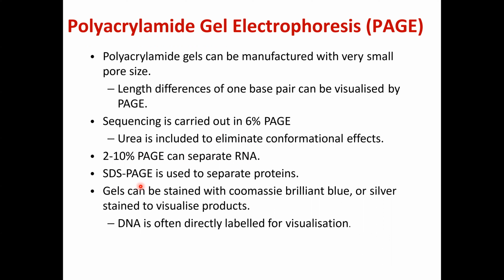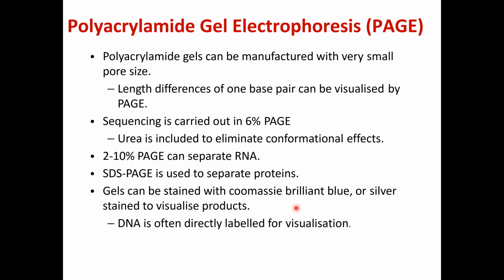Your SDS-PAGE is widely used for the separation of your proteins. Again, SDS-PAGE is widely used to separate your protein. These gels can be stained with Coomassie brilliant blue or silver stain to visualize the products.